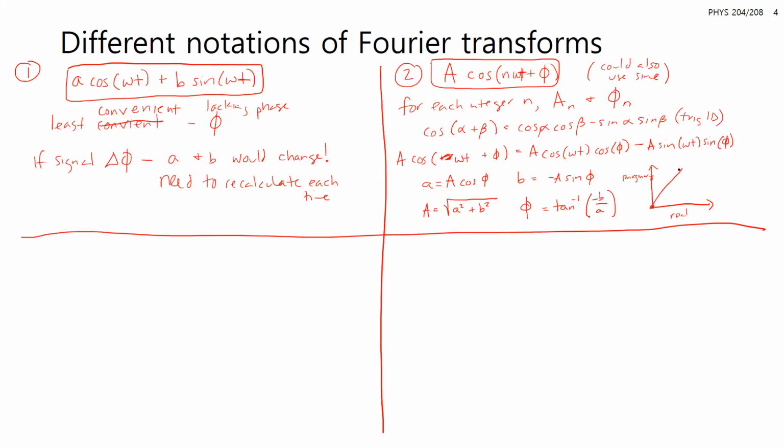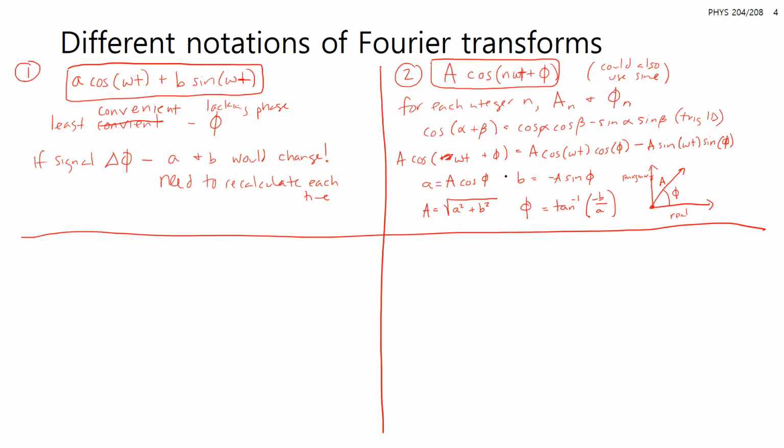So if we draw this out, we can represent this as a phasor where the magnitude is capital A and our angle, phi, is the angle between those.